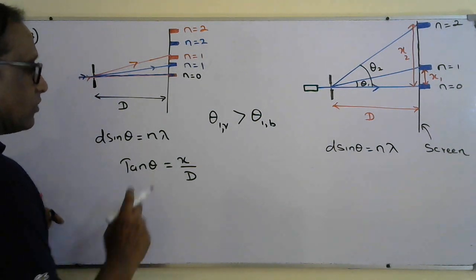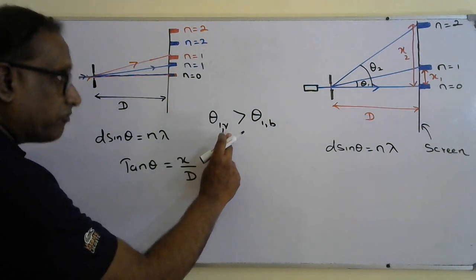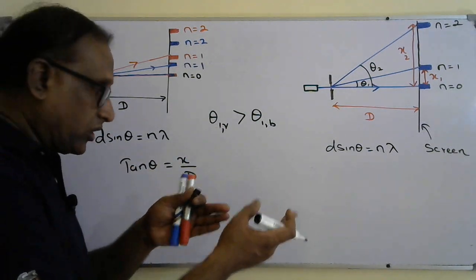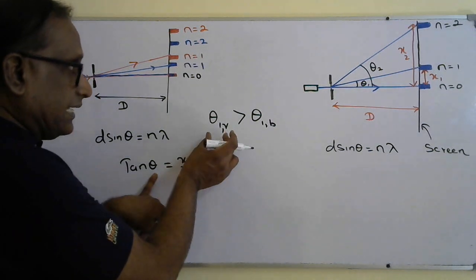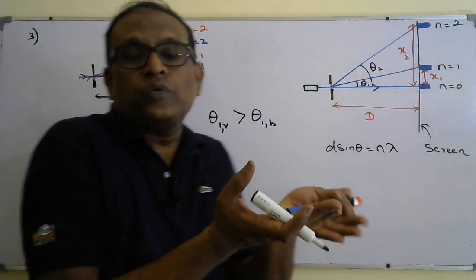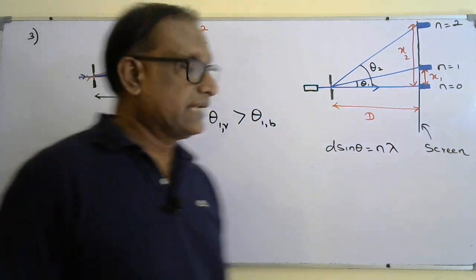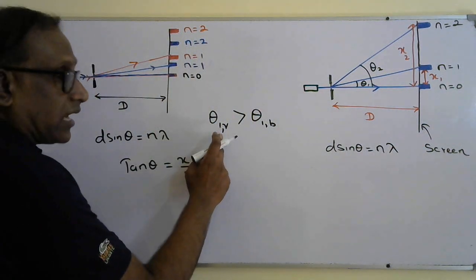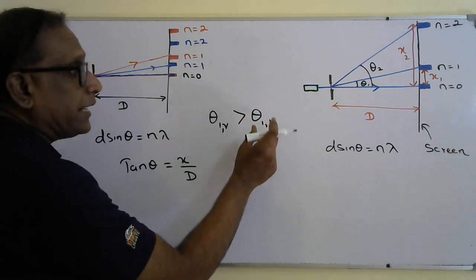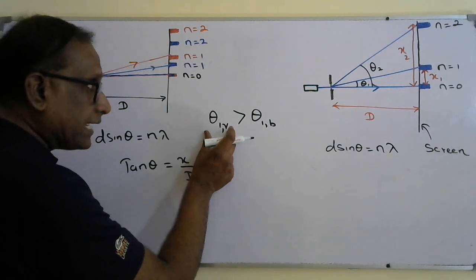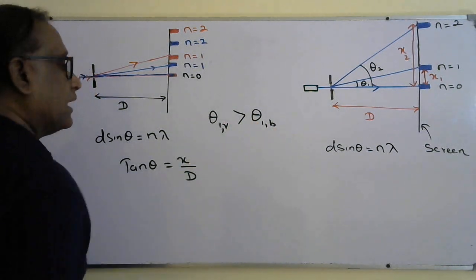So what happens now: for red color light, theta is larger for the first order. So tan theta 1 r will be larger, because we know that when theta increases, the tan value also increases. Red color has a larger angle, so the tan value of that angle is greater than the tan value of the blue color angle.